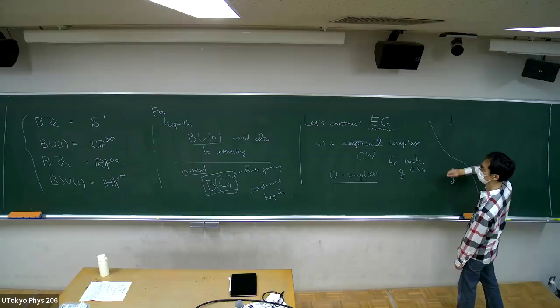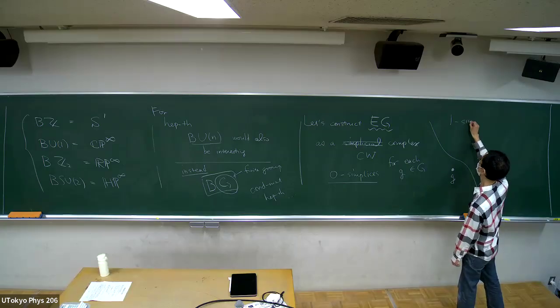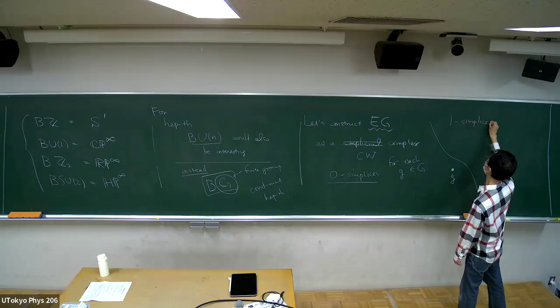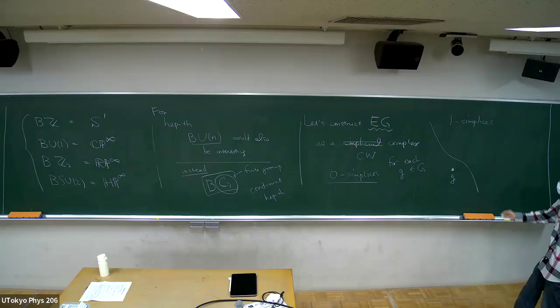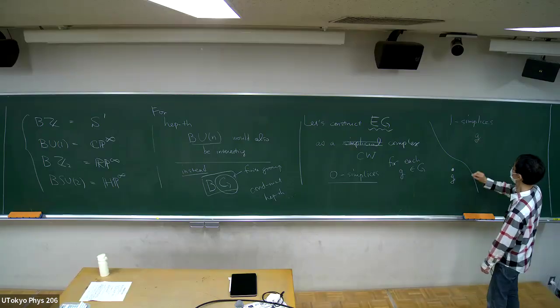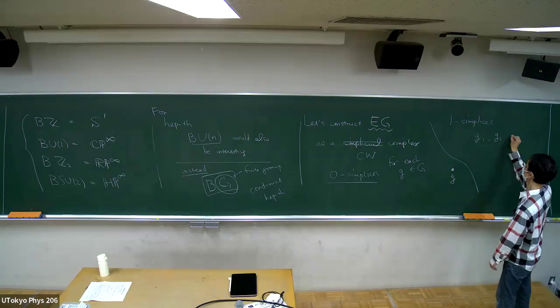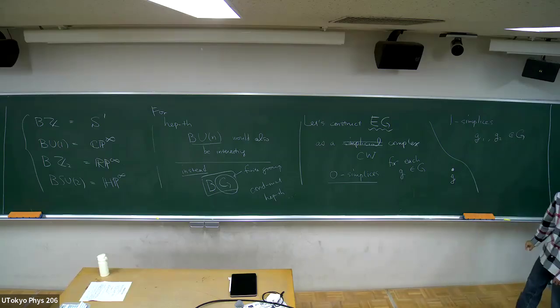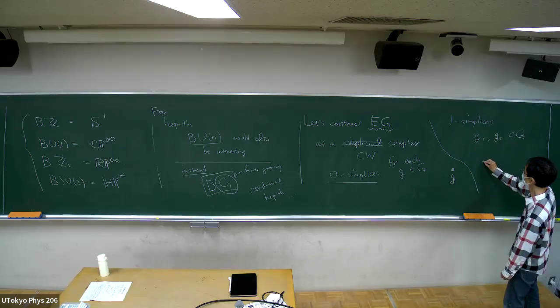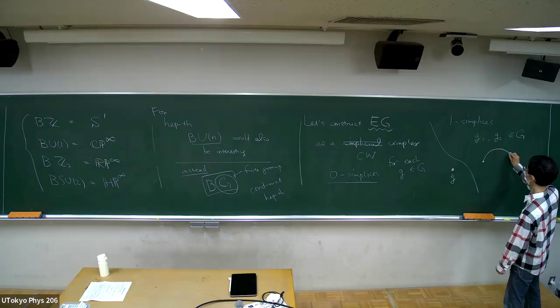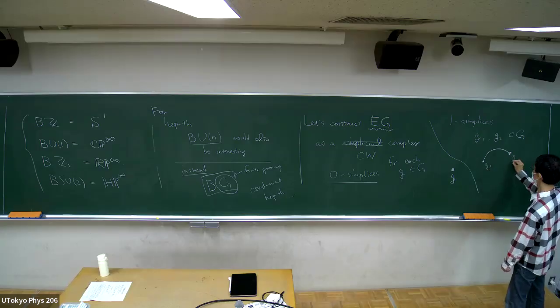And then as one simplices, I just pick two elements from capital G, and I introduce an edge connecting g1 and g2.